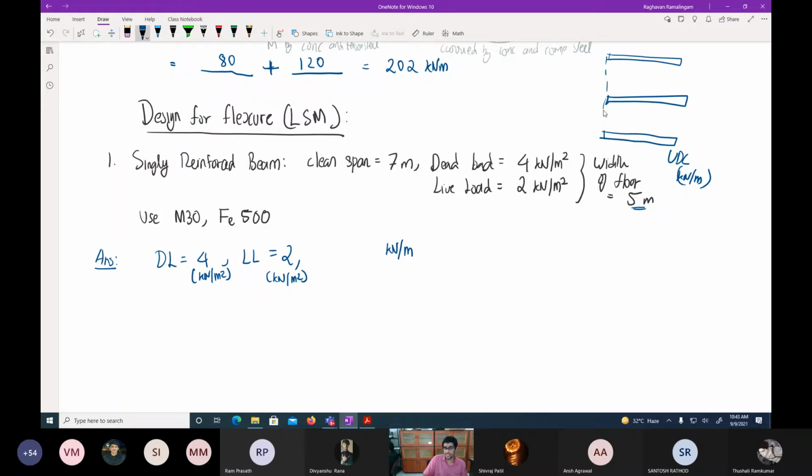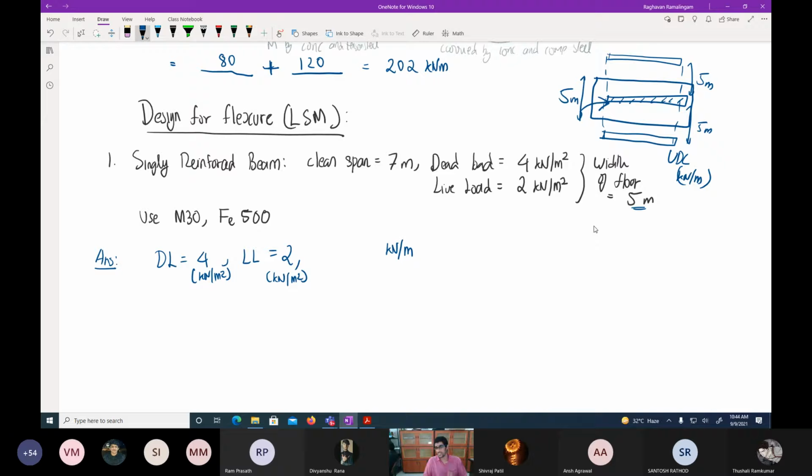So beams are there, then the slab is there. If I consider this beam, the width is 5 meters. I will say that this much load will come onto this beam, the floor from the center of this to the center of this, which is 5 meters.